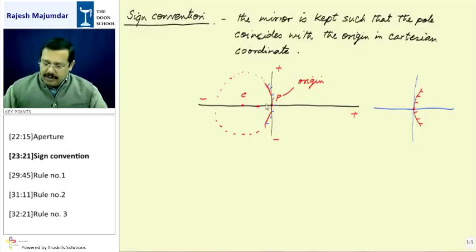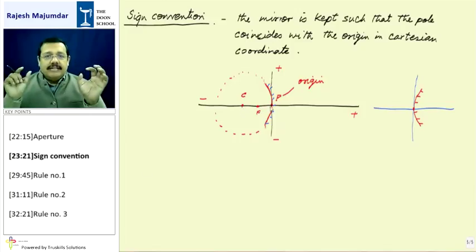So this is the focus. The distance from C and P is the radius of curvature. Distance between F and P is the focal length. Right? So in this diagram, it is very clear that which points correspond to C, capital F, capital P, and what are the distances R and F.